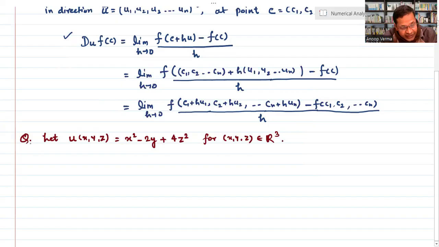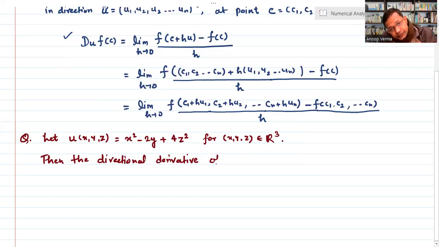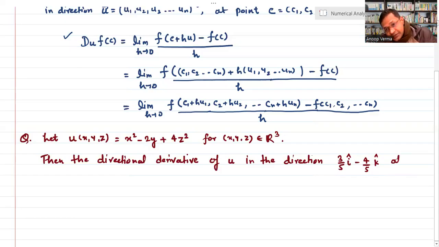Then find the directional derivative of u in the direction 3/5 i minus 4/5 k, at the point (5, 1, 0).